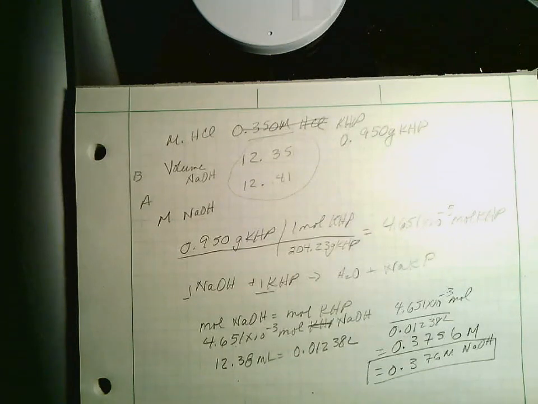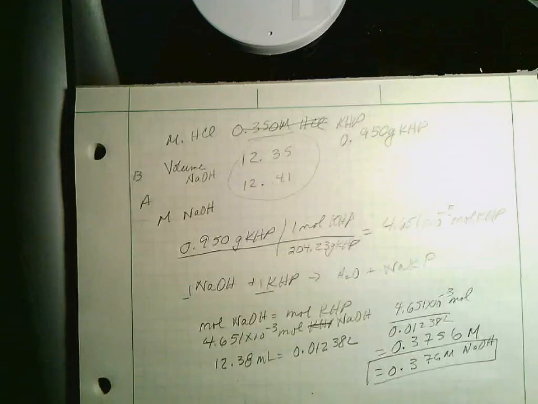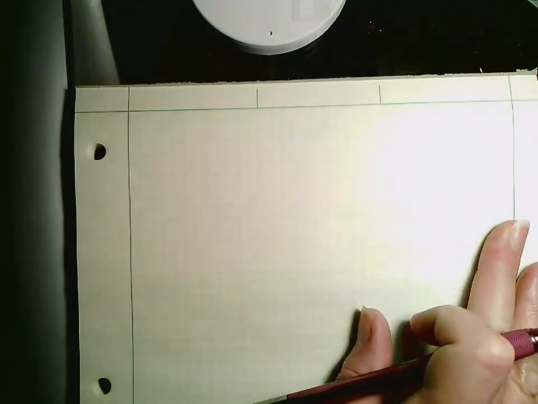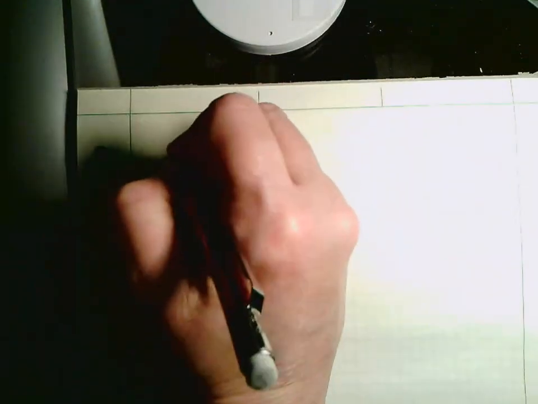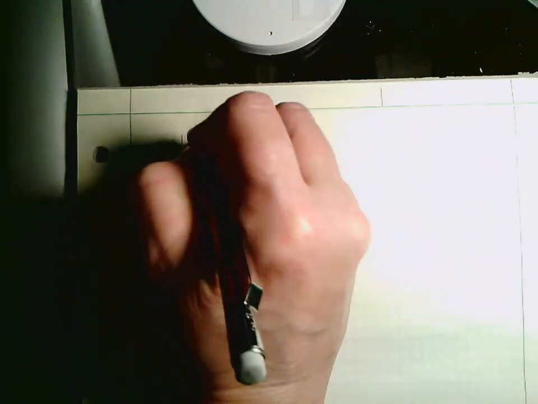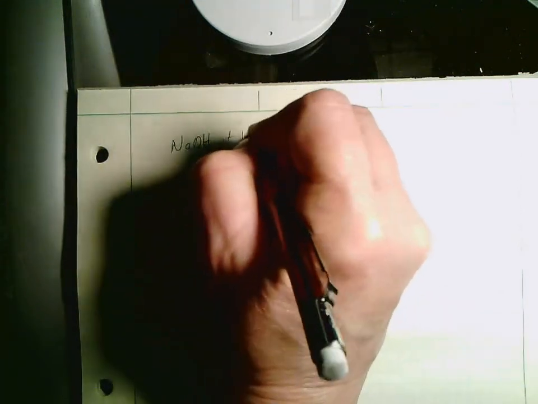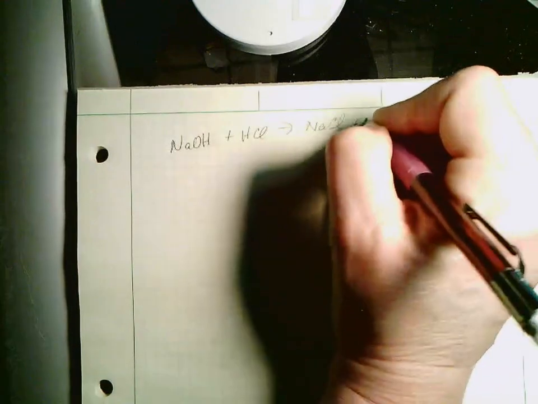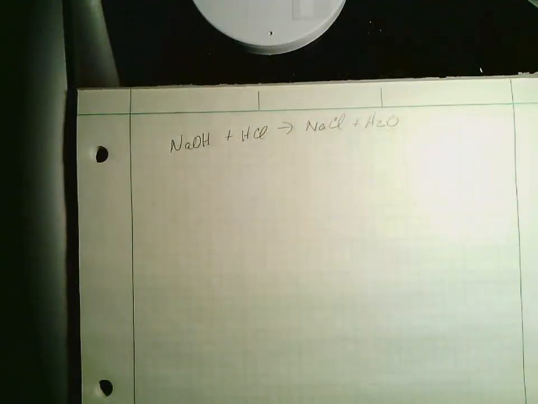In your case, you have a concentration of NaOH. This is how I would do the pre-lab questions. How would I do the calculations at the end of the lab? Well, we know that NaOH plus HCl yields NaCl plus H2O, so it's a 1-to-1 relationship.